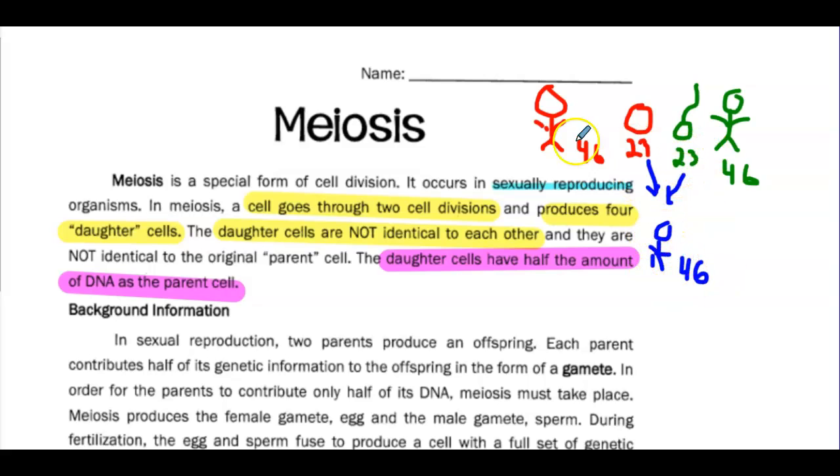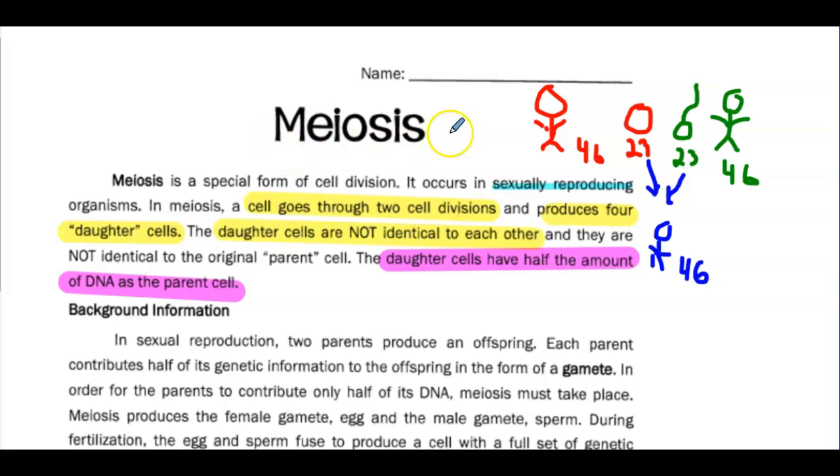So the baby will look a little bit different from mom, a little bit different from dad, but have some traits from each parent. Meiosis is all about how we make these egg and sperm cells so that when they come together, the baby has the right amount of DNA, the right amount of chromosomes. That's the point of this.